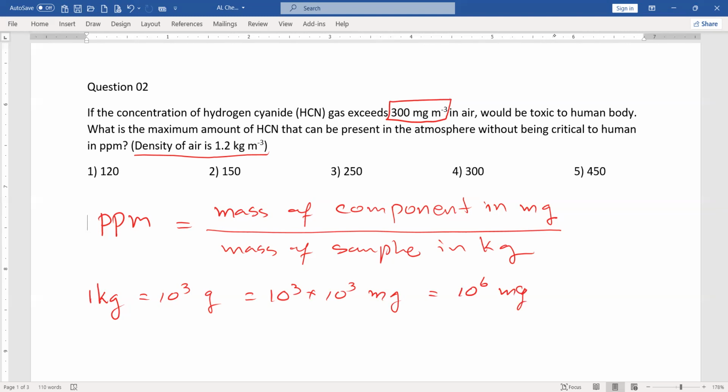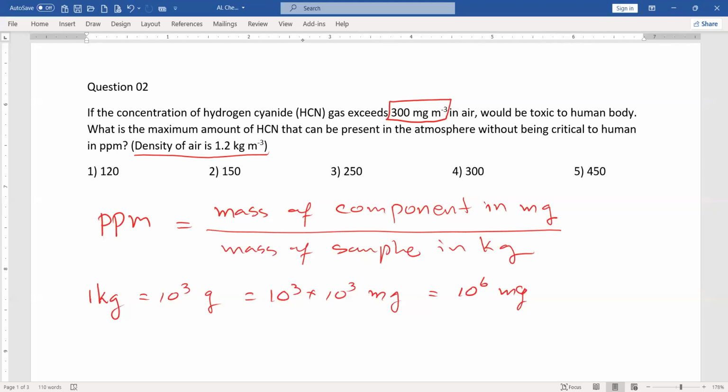In 1 million milligrams of the sample or the bulk, how many milligrams of the constituent or the component we consider is present? So we can simply say the number of milligrams of the constituent present in 1 kilogram of bulk.